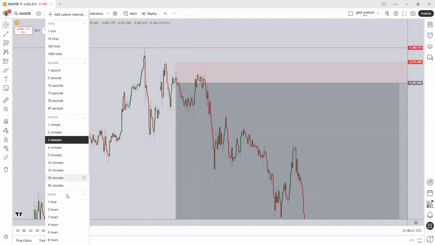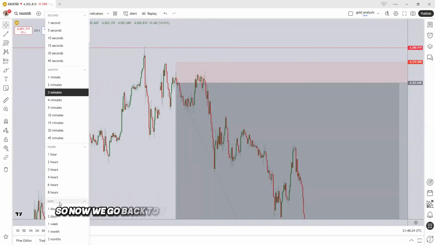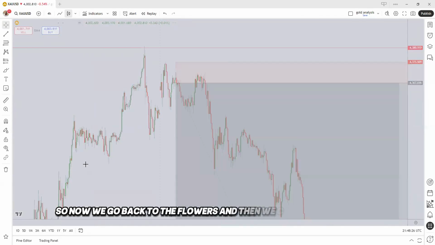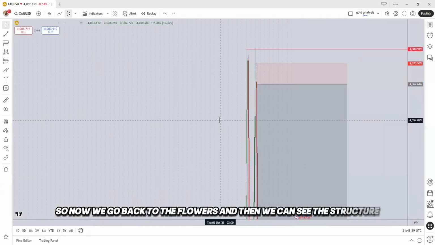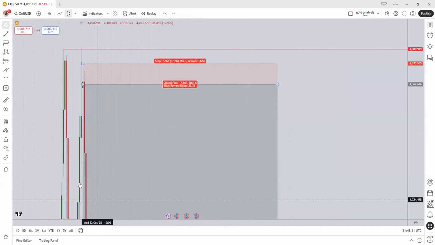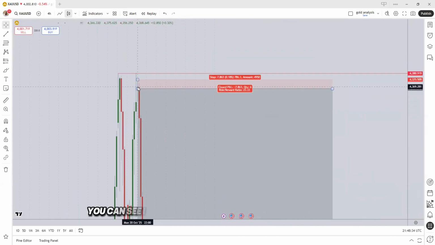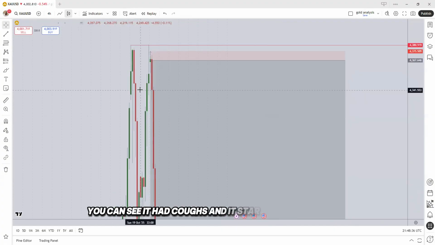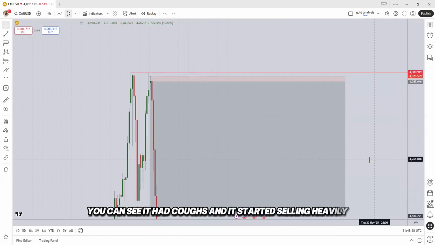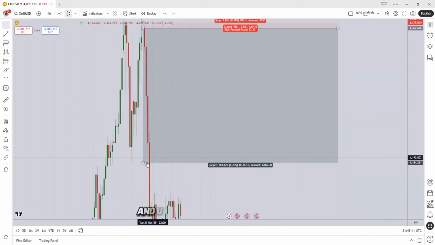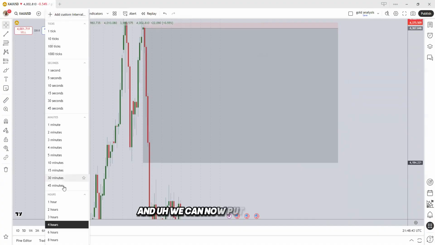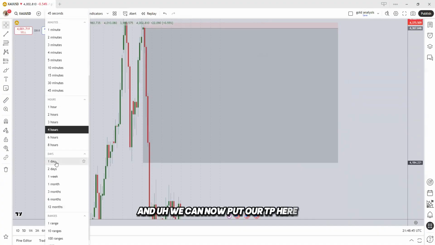Now we go back to the flowers and we can see the structure. From the flowers, you can see it engulfed and started selling heavily. We can now put our TP here.